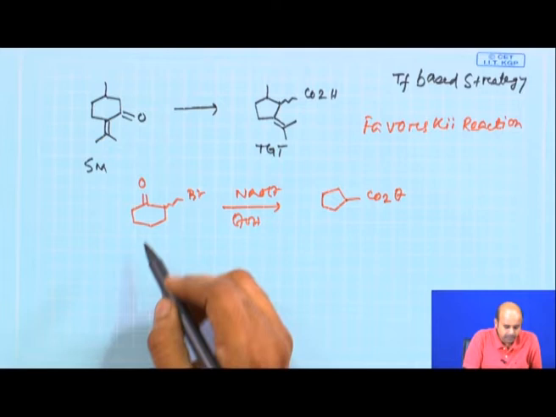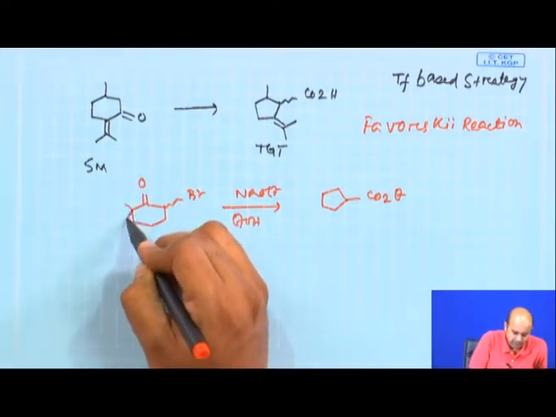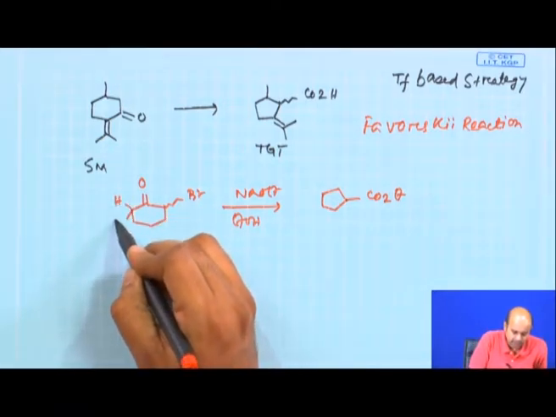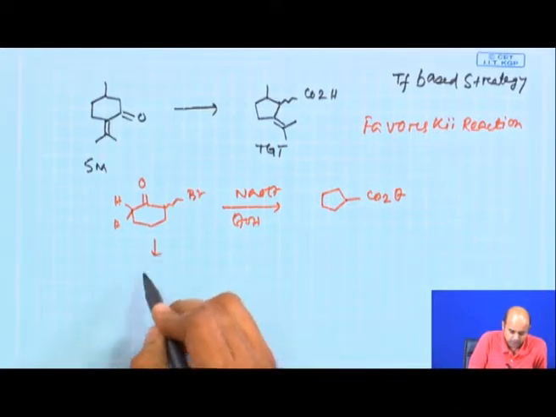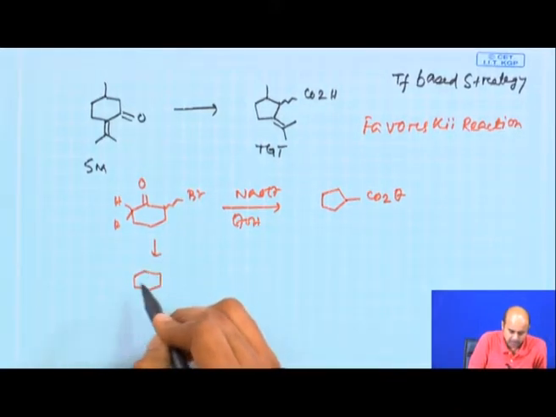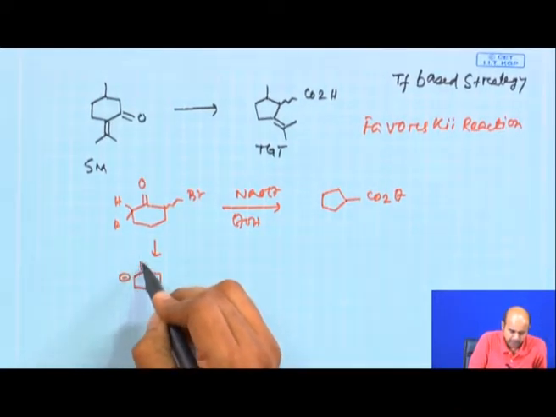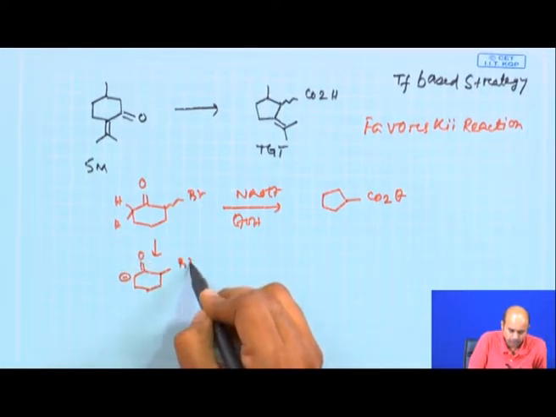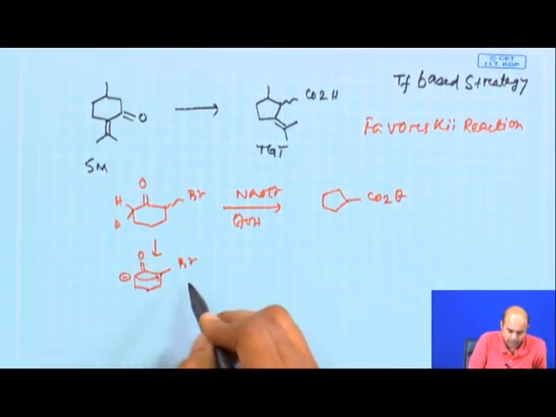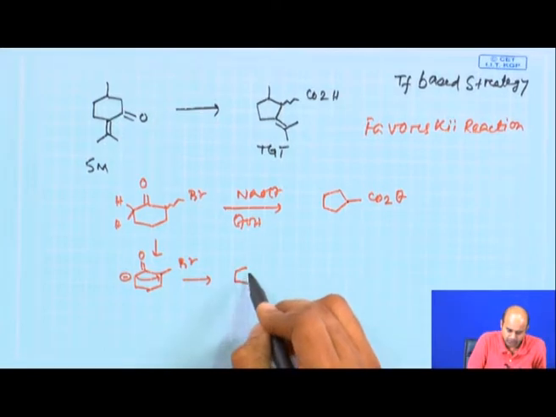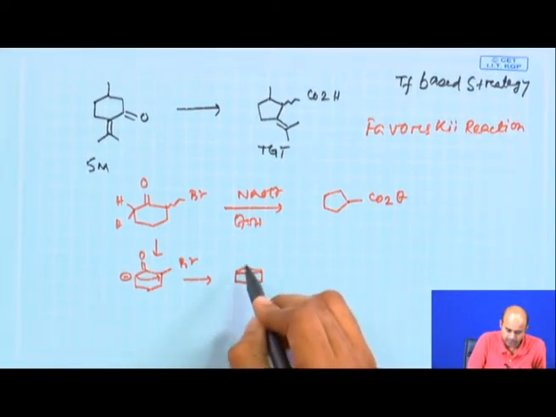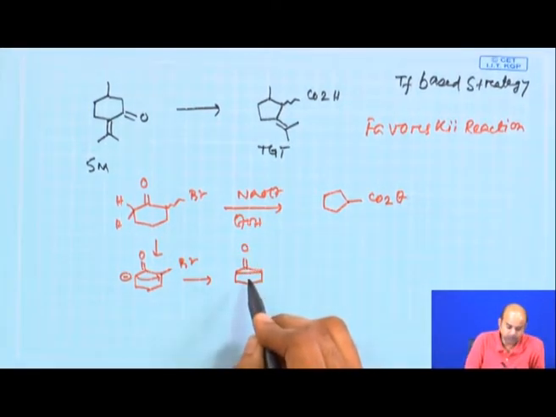The mechanism goes through an initial step. One of the hydrogens is abstracted to give you this carbanion here. This carbanion then undergoes an intramolecular SN2 reaction to give you a 6-member and a 3-member ring together. This is highly strained.